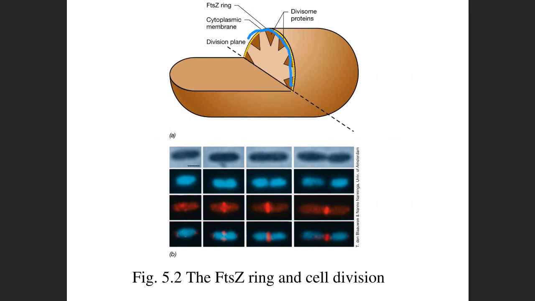You have a professor at City College who actually studies this one particular protein. She's my best friend. So if you label the FtsZ here, you can actually see the protein is in the middle of the cell.